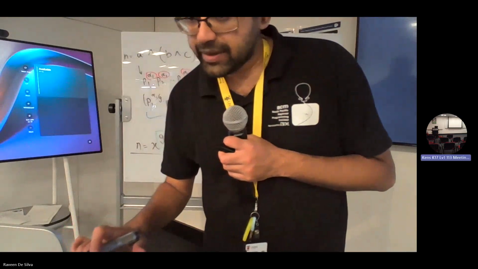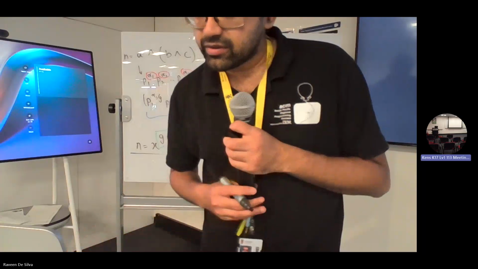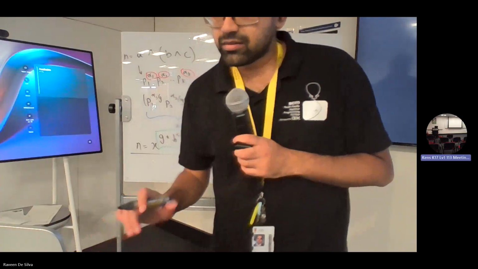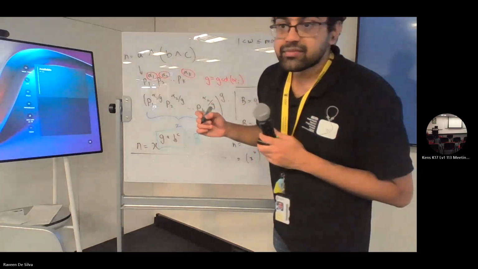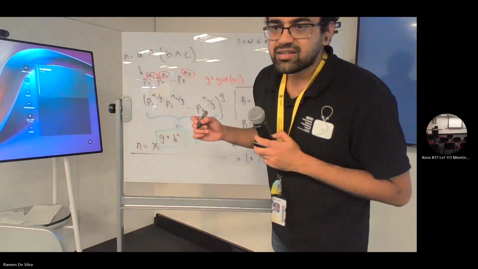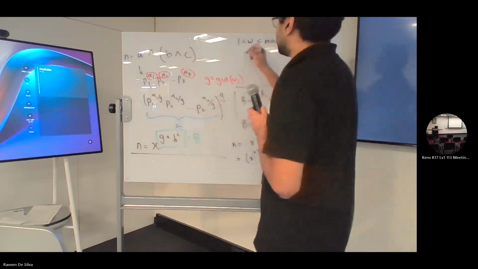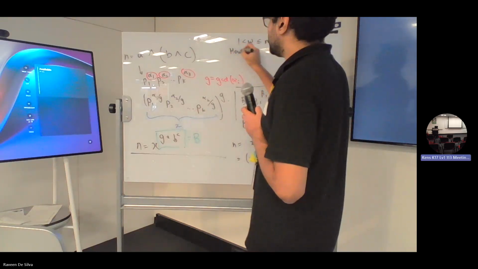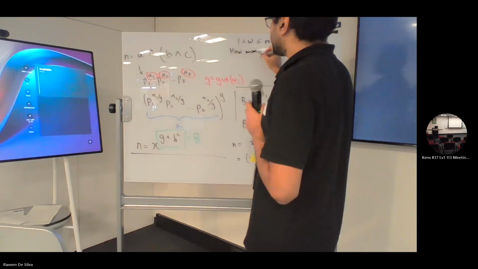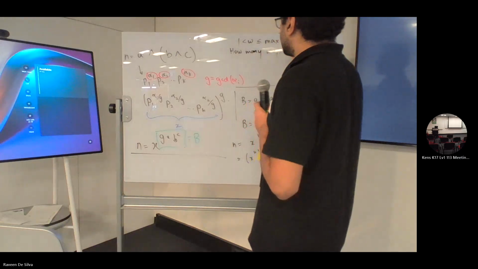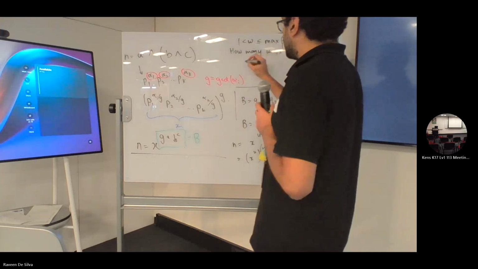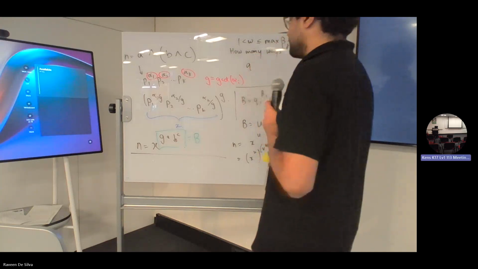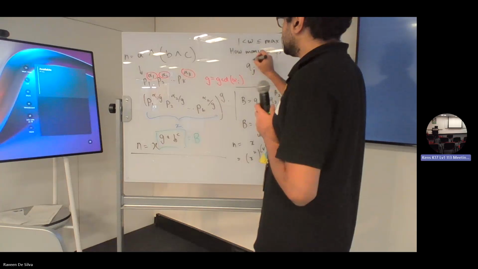For every prime p_k, count the decompositions like this. So how many ways to rewrite the term from before, q_j to the beta_j?